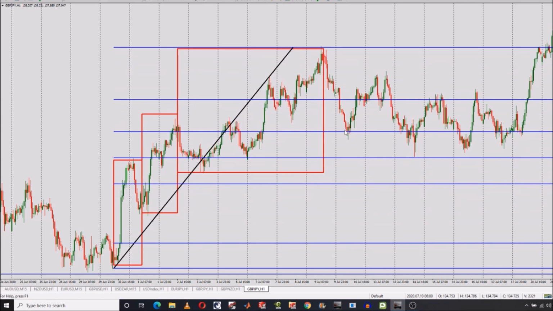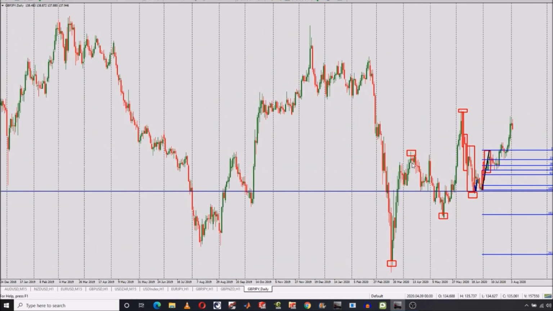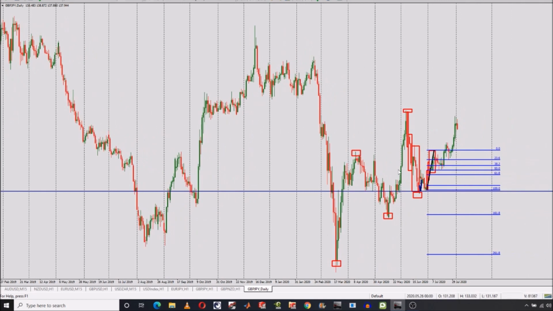So this is what I mean. This was actually a second set. As you can see, we had our first set. This retracement point was at 61.8, I mean. Then this was our second set. Then a retracement point.